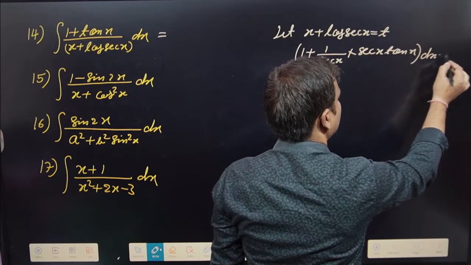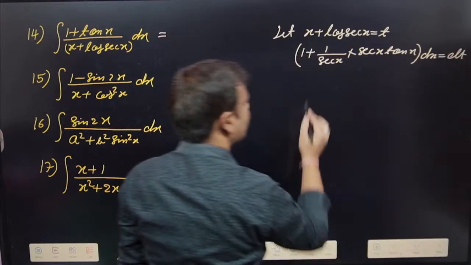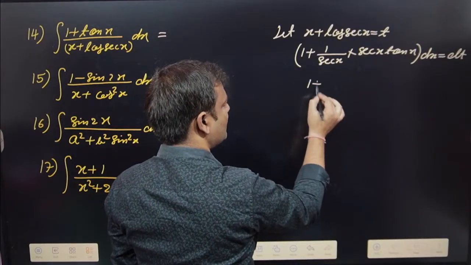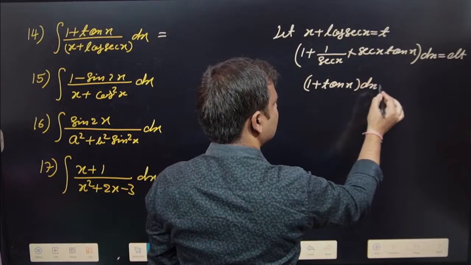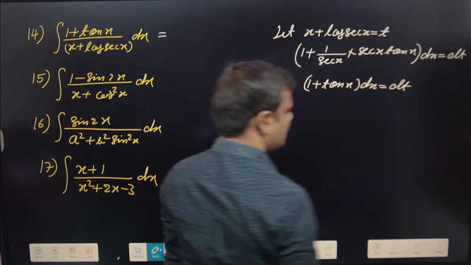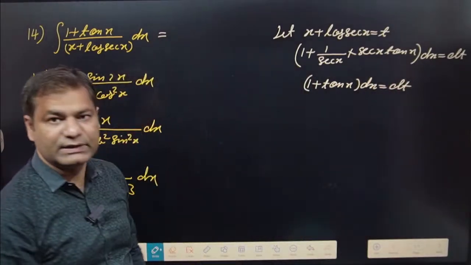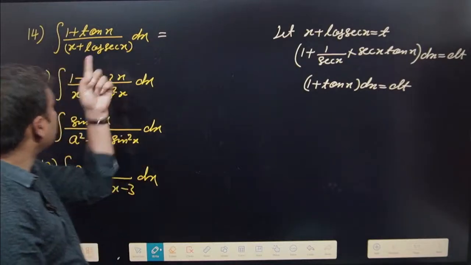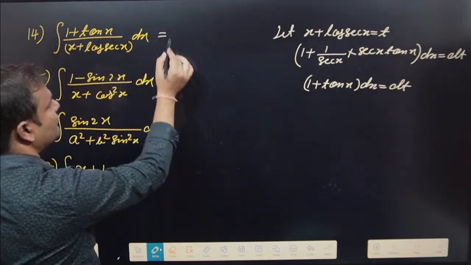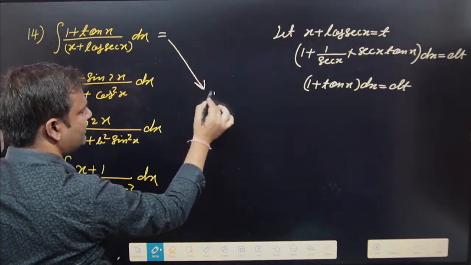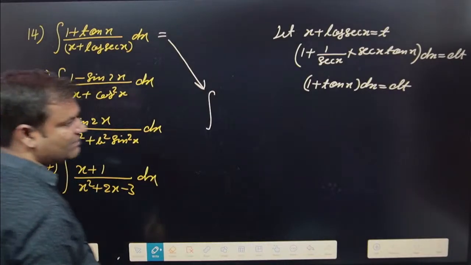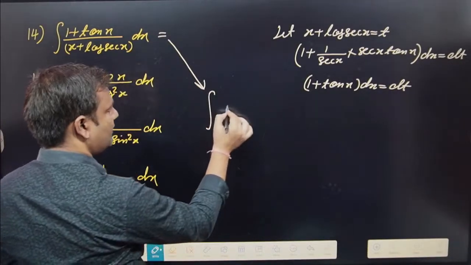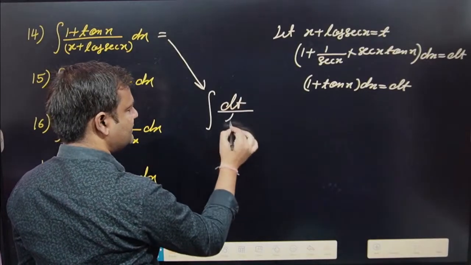dx. This is dt. Sec x cancels, so (1 plus tan x) into dx is equal to dt. Basically 1 plus tan x dx is replaced by dt, and the denominator part is t.